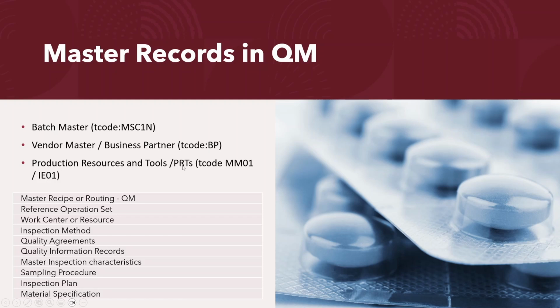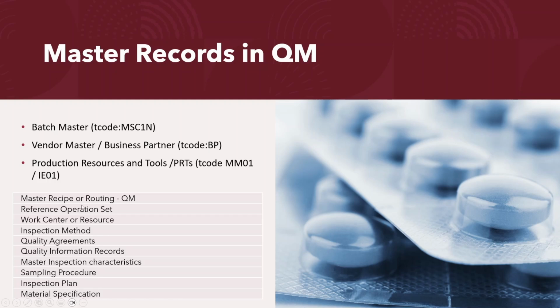In an inspection plan, it's also possible, although normally it's not done because it is part of the laboratory's responsibility to know exactly what equipment should be used. And we can also put that in the inspection method, for example. Anyway, these are the master records we're going to discuss in this session.